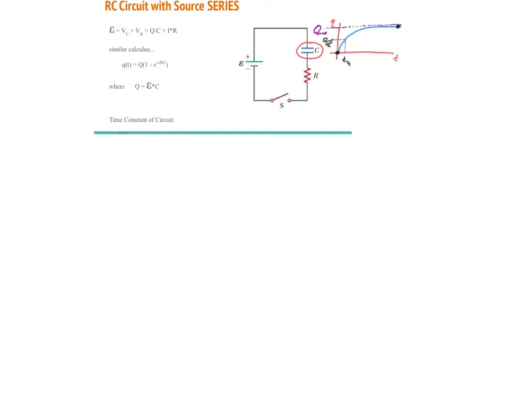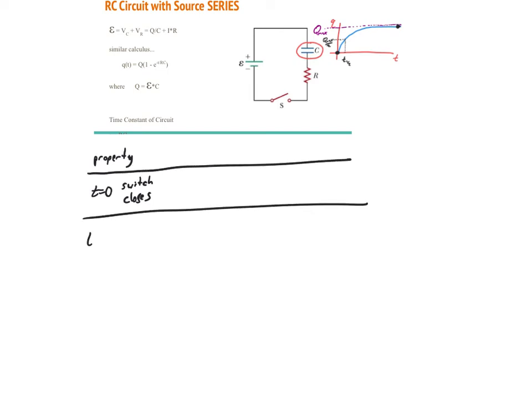At those 3 times, I want to know everything about the circuit, though. So there's the property, and then there's the times. There's t is equal to 0 when the switch closes. There's going to be T1 half charged. And T big, which is fully charged time.